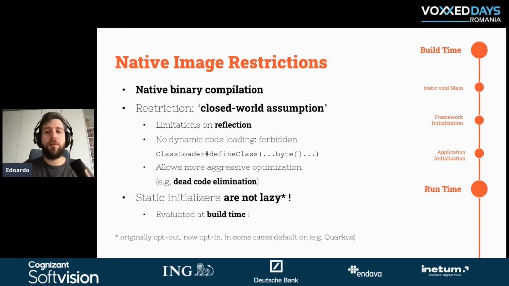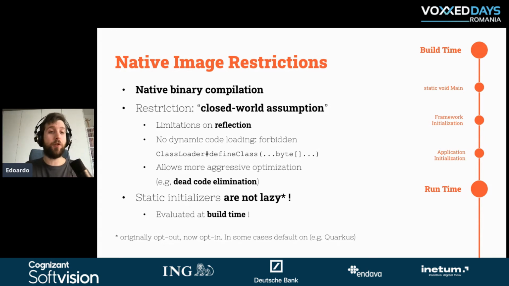So you may probably have heard already about native image compilation and its restrictions. There's this restriction about the closed-world assumption. What that means is that basically you cannot do reflection without declaring it beforehand, and you cannot do dynamic class loading or actually defining classes.